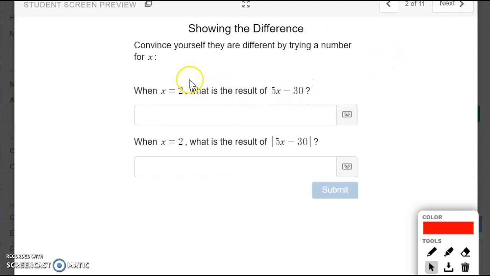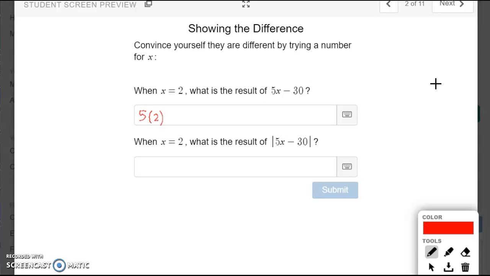Alright, then number 2, to convince yourself that they are indeed different by trying a number for x. So x is equal to 2. What is the result for 5x minus 30? So that means we need to substitute 2 whenever we see x in this expression. So it becomes 5, instead of x, I am going to put 2 right here.